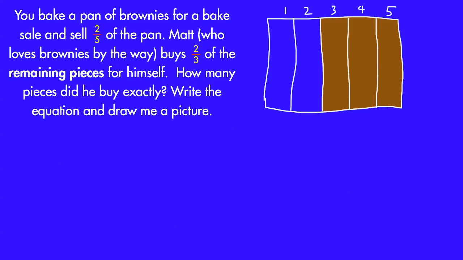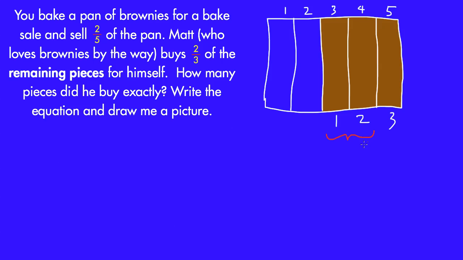Now that I have my 3 remaining pieces, since 2/5 of the pan was sold, I'm going to buy 2/3 of the remaining pieces for myself. Out of the remaining 1, 2, 3 pieces, I'm going to take 2 of them.